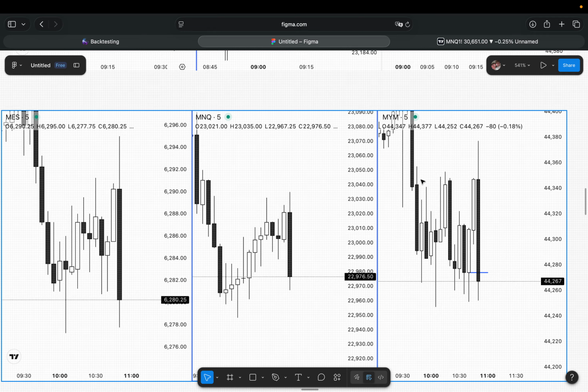This fair value gap here gets taken by YM, but that same fair value gap will be up here for NQ, where it does not get taken, you see. Then we get our change in the state of delivery across all three of these assets, which after this we displace lower, right?